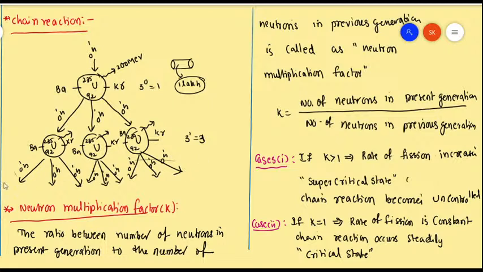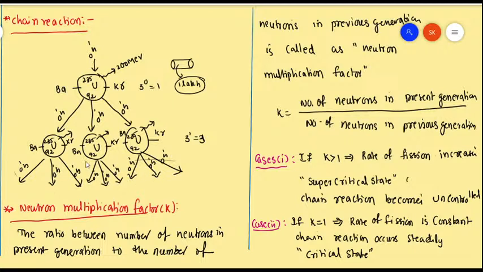That means, you see this diagram. In this diagram, the number of neutrons in the present generation is 9, and the number of neutrons in the previous generation is 3. Then in the present generation, I observed 8 neutrons.